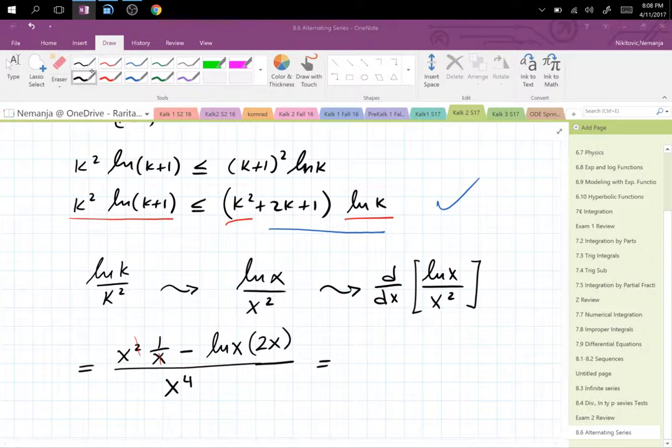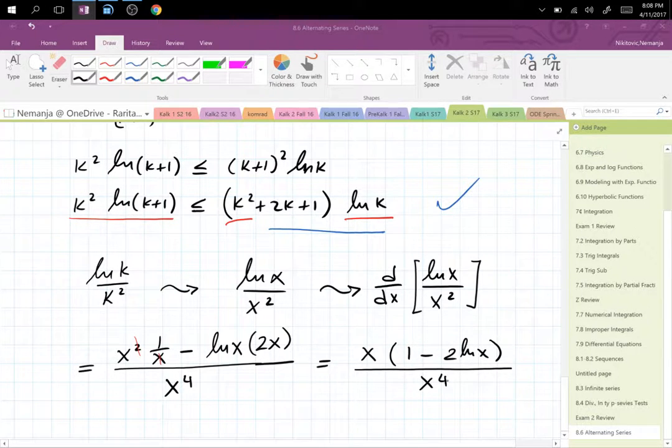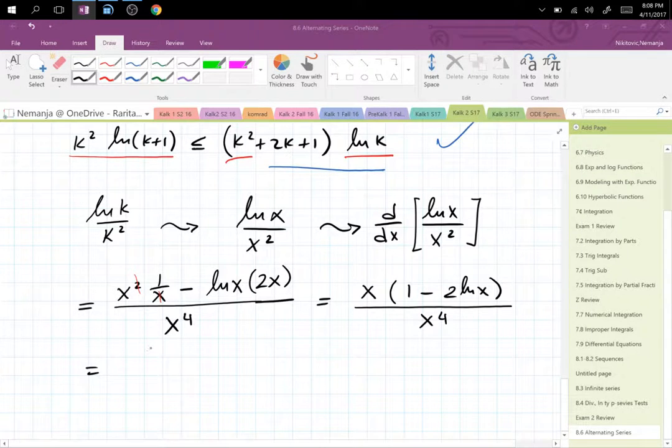So cancel one of the x's, and to factor the other x, you get 1 minus 2 ln x divided by x to the 4th. So what you get at the end is 1 minus 2 ln x divided by x cubed. So that's the derivative. Now you can see that it's always negative, because we start at ln 2. ln 2 times 2 is bigger than 1. So we have a decreasing sequence.